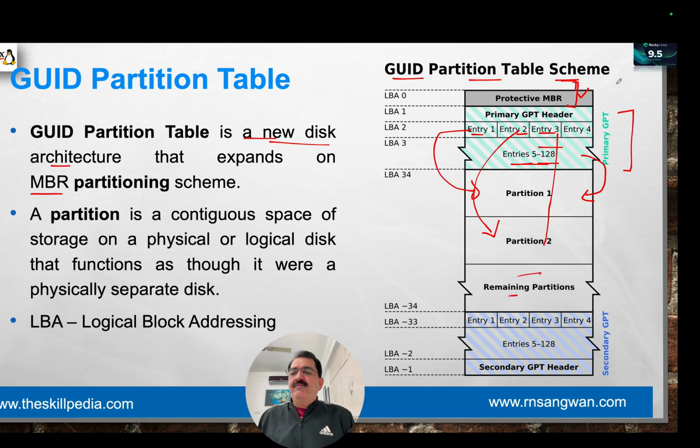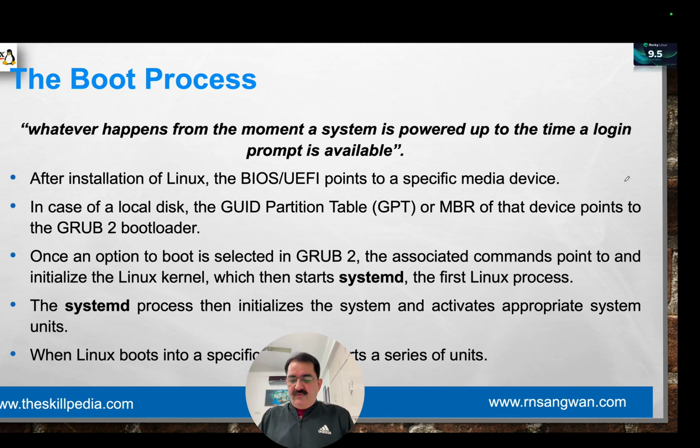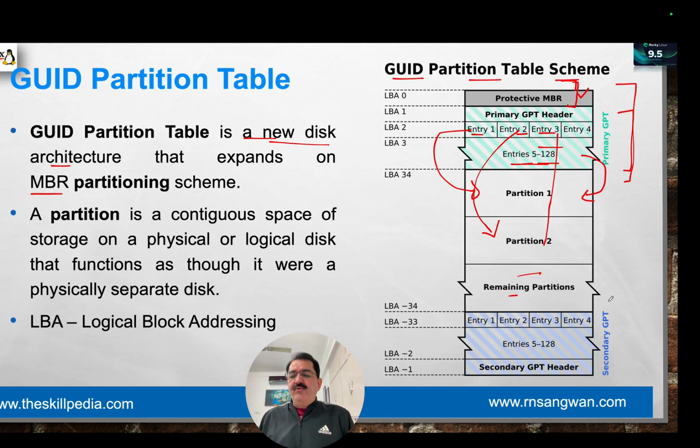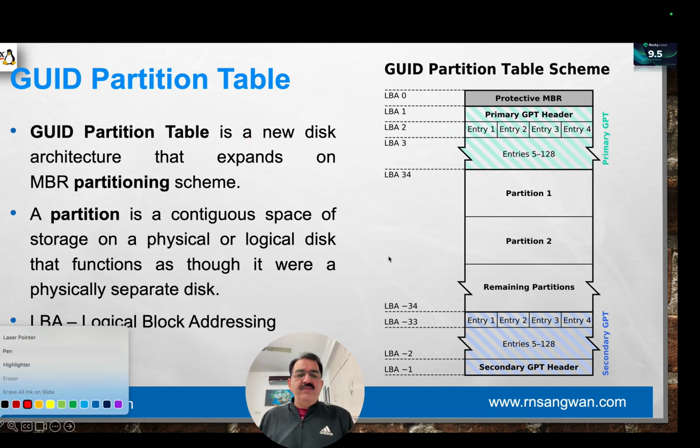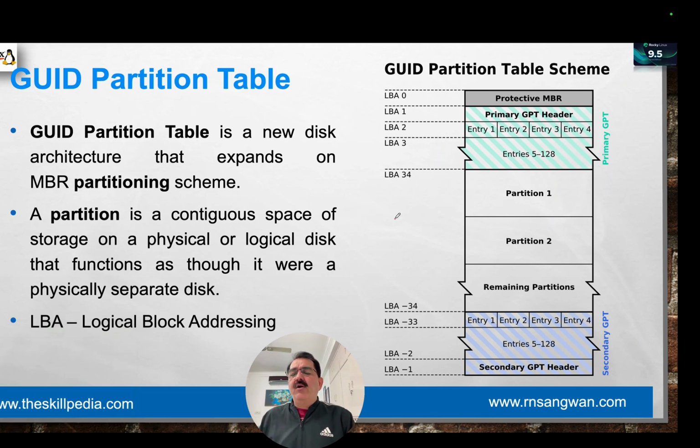And this partition table will be in the form of two copies, that is secondary GPT, the same entry, a duplicate entry, so that if something goes wrong we can use the other partition table. It is a copy. So this allows up to 128 partitions to be handled by this GUID partition table scheme.